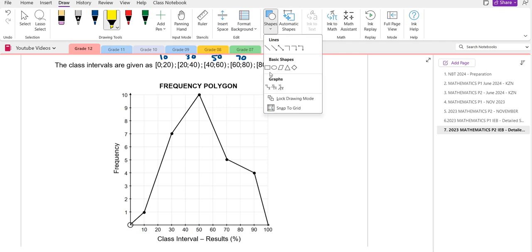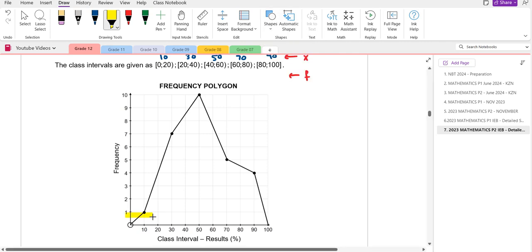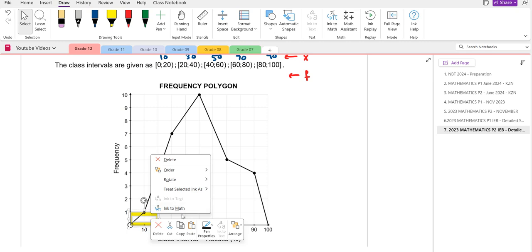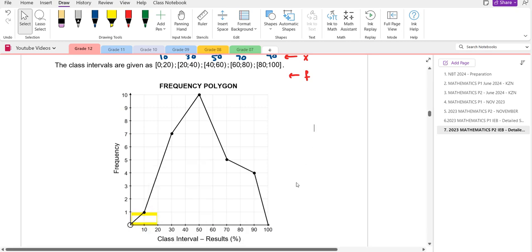Let me take my rectangles from here. My first histogram was here, then my next histogram is here. Just copying these 5 blocks, it's going to stretch it here.